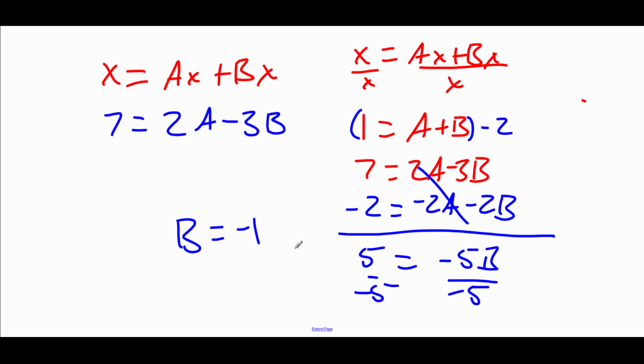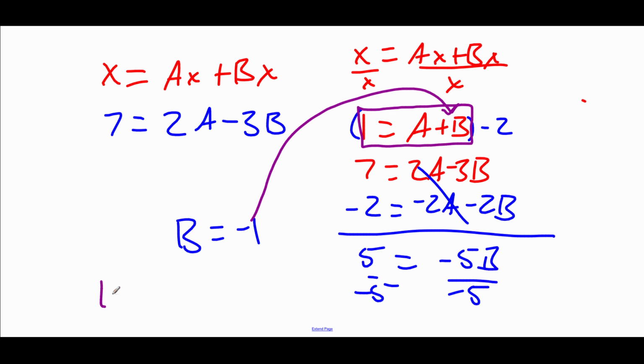Then if we back substitute to find our a value, I'm going to use, let me highlight this equation right here, 1 equals a plus b. If we plug in that negative 1 for our b value, then our equation says 1 equals a plus negative 1. And adding that 1 over to the other side, we get a equals 2.